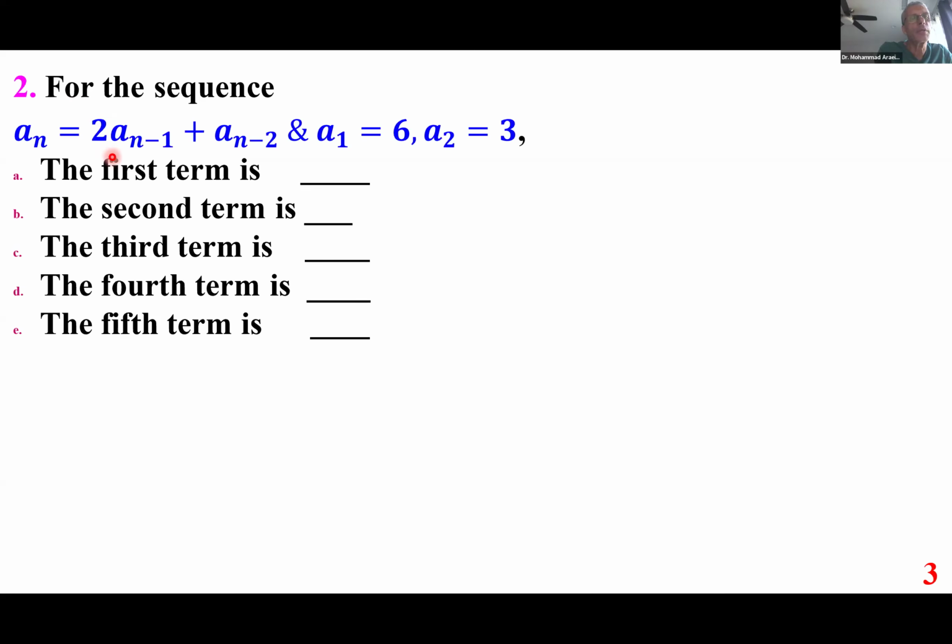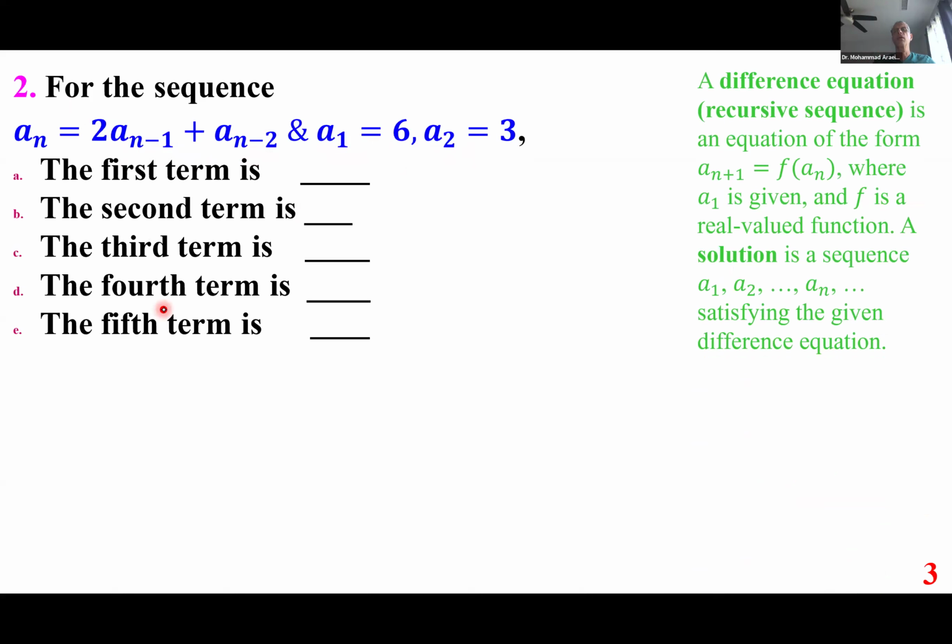For the sequence, A sub n equals 2 times A sub n minus 1 plus A sub n minus 2, and A sub 1 being 6, A sub 2 being 3, we want to find the first few terms, everybody. So what are we dealing with?